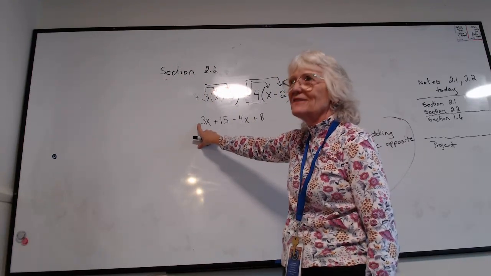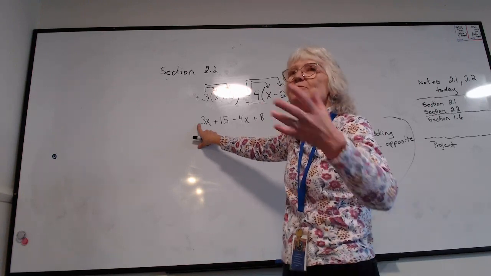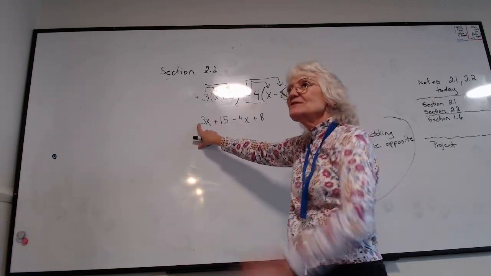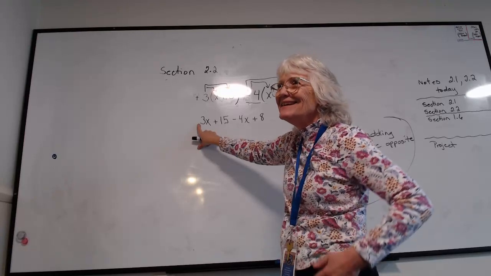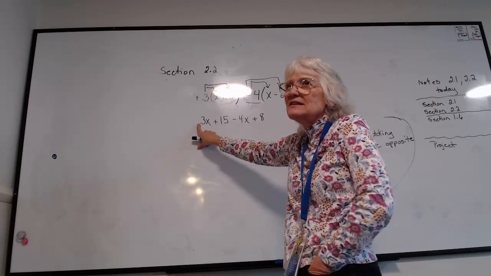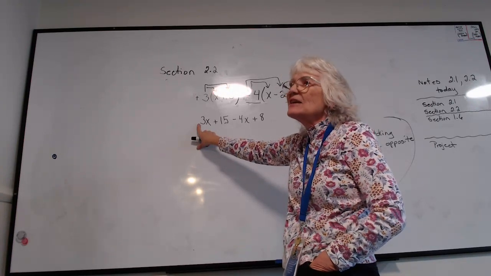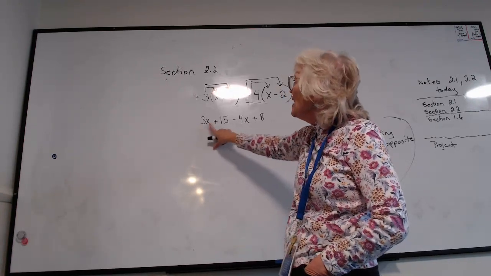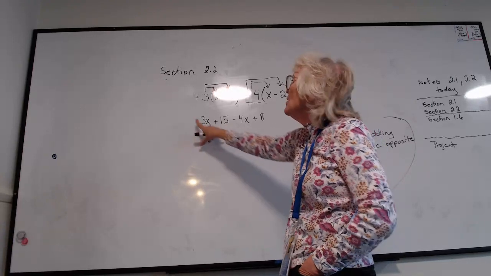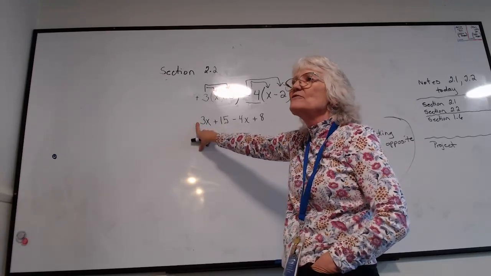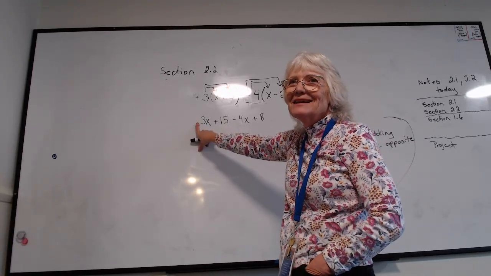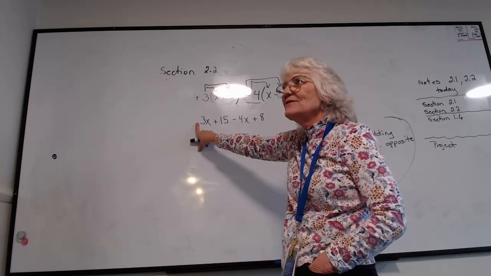We assume a lot of things, and if you don't realize what we're assuming, you have a hard time reading it. Just remember that. We don't write plus signs down unless we have to. The only time we have to is when they're in between terms. We don't have to write a plus sign out in front of a term, but we do have to write a negative out in front of a term.